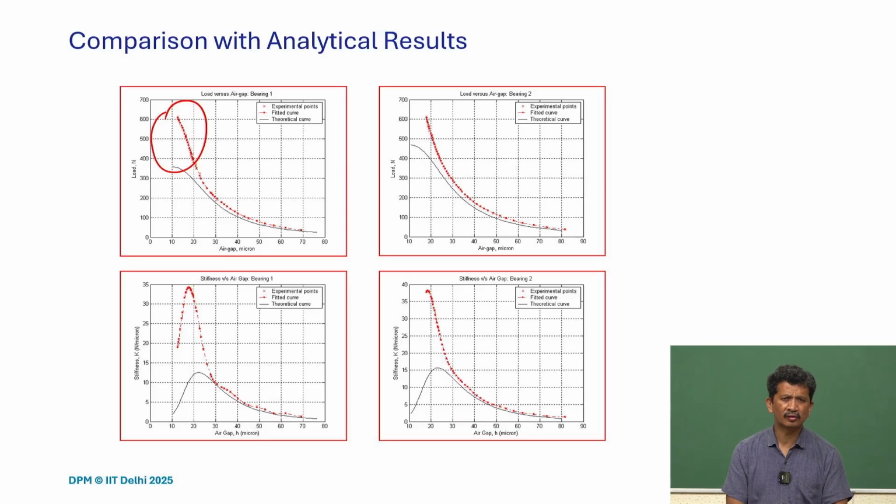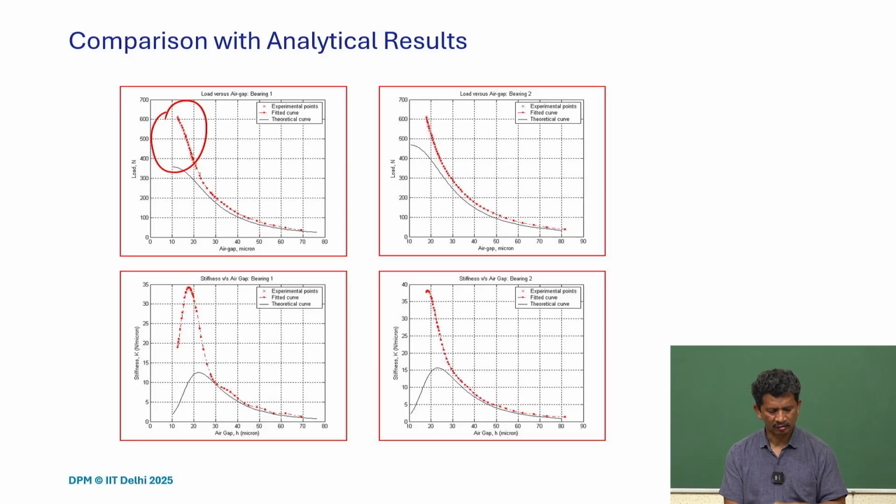Our analysis is completely based on flat surfaces. So that's something we have to accept with the analysis. But for the majority of the part, it gives a very good result.